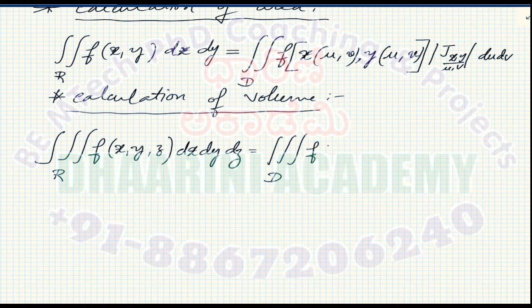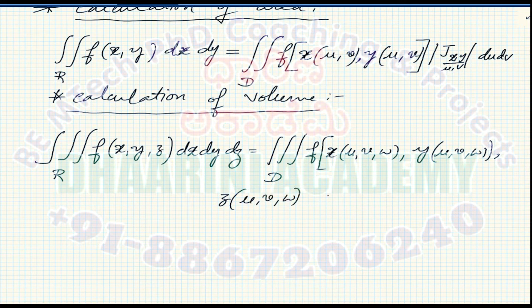Now I have the function with x written as a function of u comma v comma w. We added a new axis in the new coordinate system, that is w. Y is also written in the form of u comma v comma w, and z of u comma v comma w.